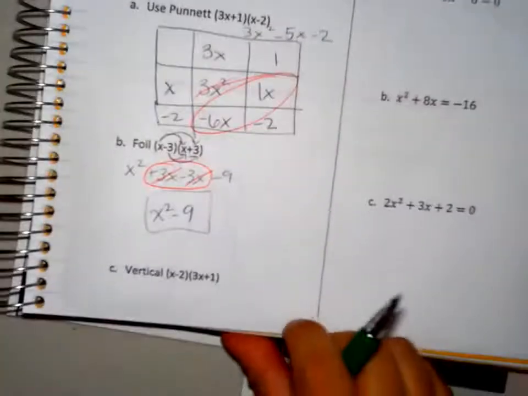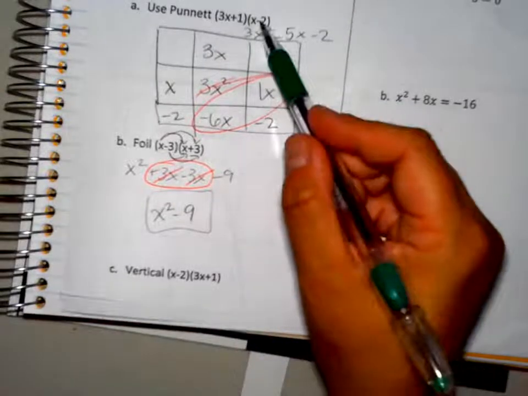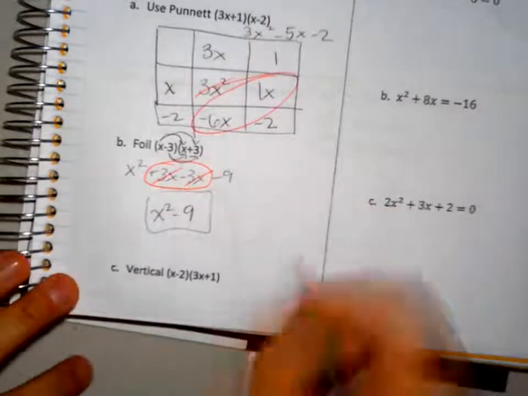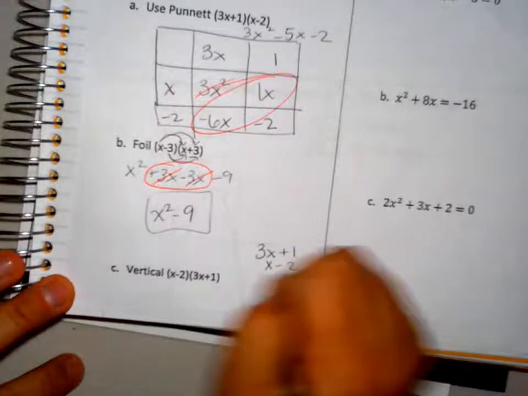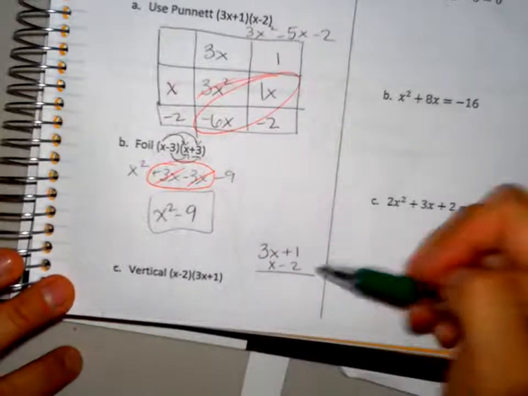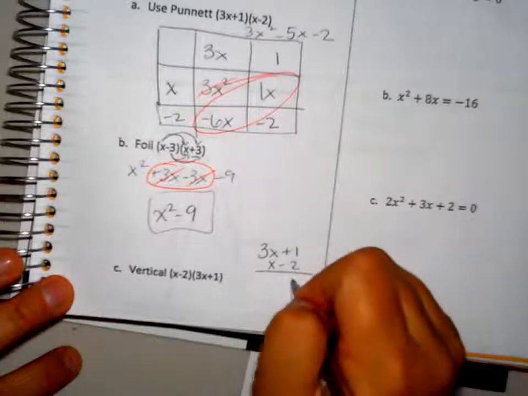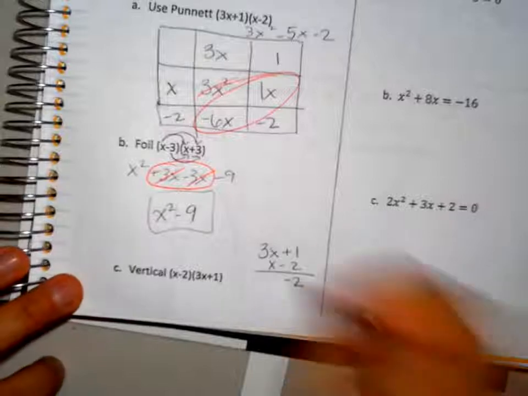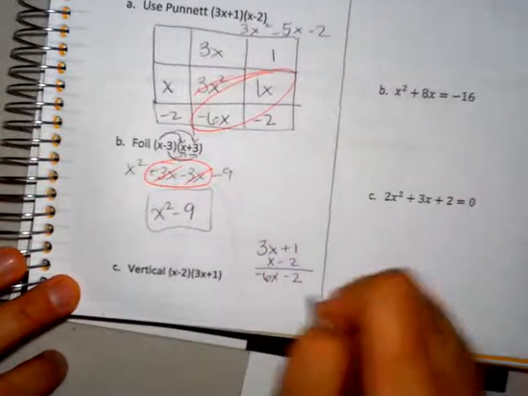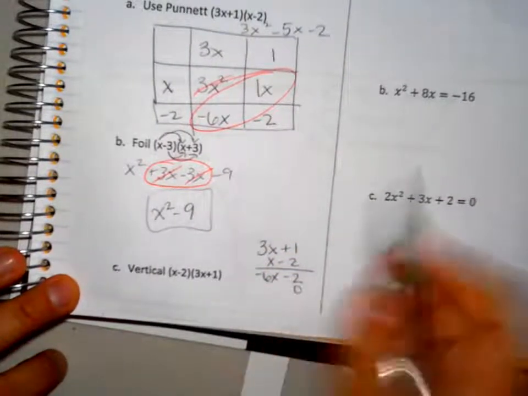And then the last one, it's the same question as the first one. So we already know what the answer is going to be, but this one they want you to use the vertical method. So let's do that. I've got -2 times +1, which is -2. -2 times 3x, which is -6x. I put a 0, my placeholder.